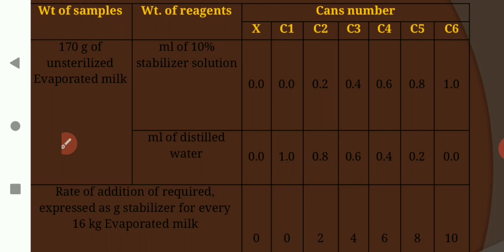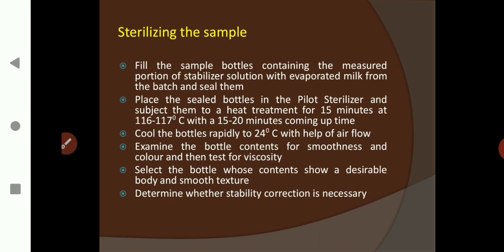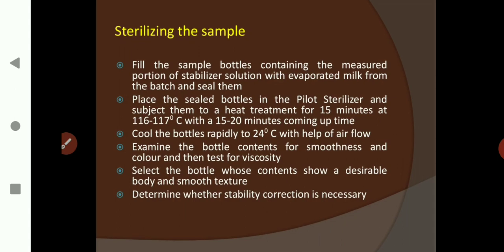Then they will sterilize the sample. These different cans are sterilized in a lab sterilizer, pilot sterilizer, kind of autoclave. You imagine autoclaving these filled cans. So for every batch they have to do this pilot sterilization.